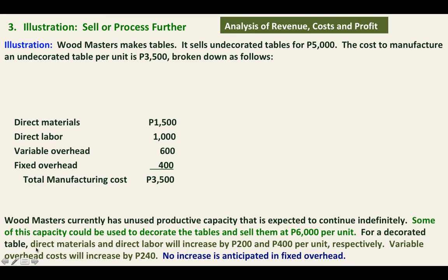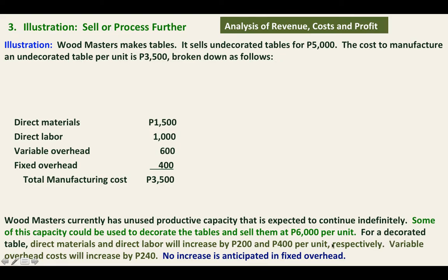Here we have additional information. Woodmasters currently has unused productive capacity that is expected to continue indefinitely. Some of this capacity could be used to decorate the tables and sell them at 6,000 per unit. Class, take note that they are selling tables which are not decorated at 5,000 per unit. If they process the tables and decorate them, then they can sell them at 6,000 per unit.